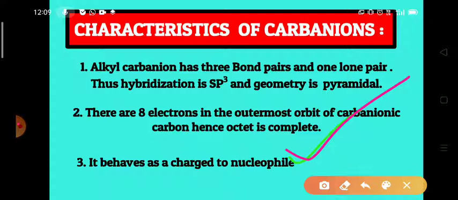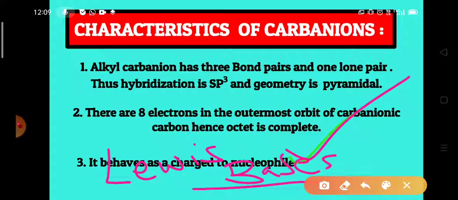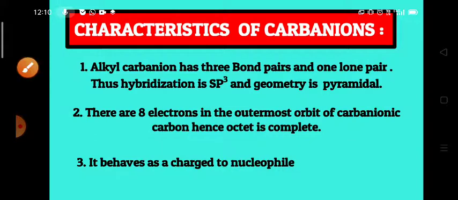And we know very well that nucleophiles are Lewis bases. So here the carbanion is also a Lewis base. Okay? So it is a charged nucleophile, that we have to remember.